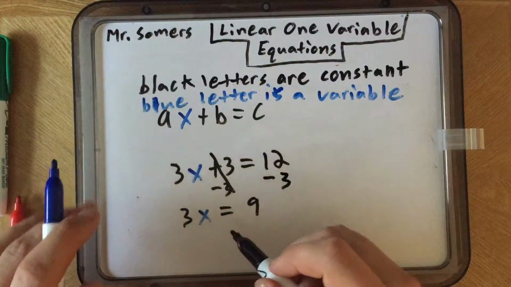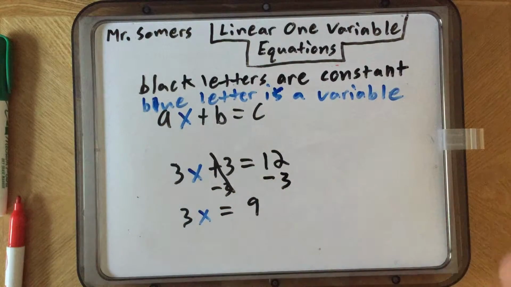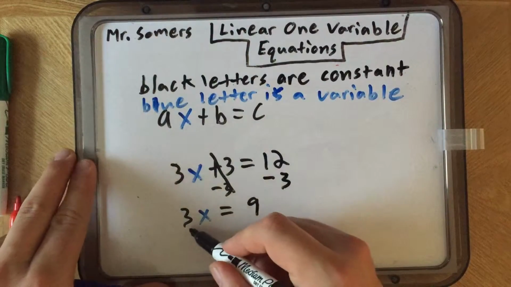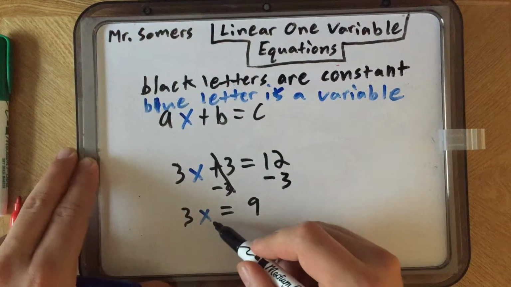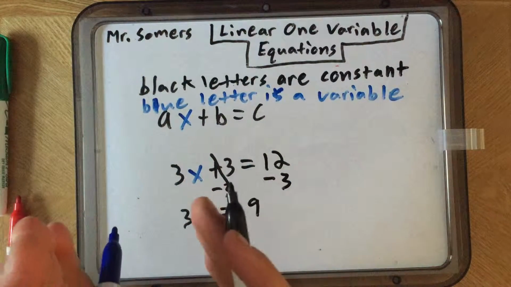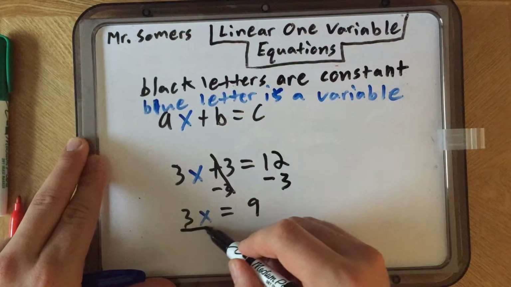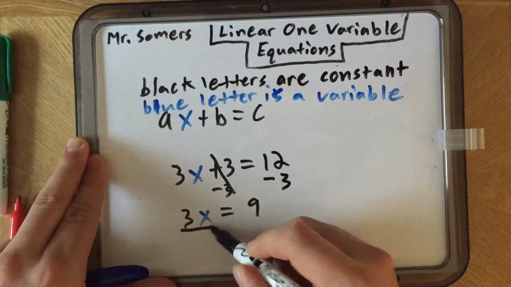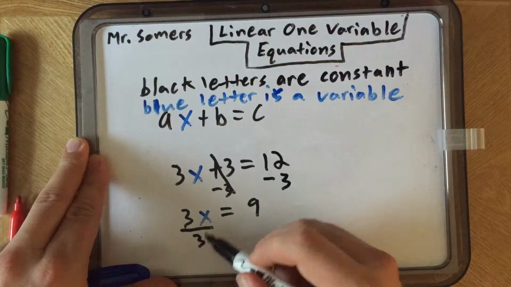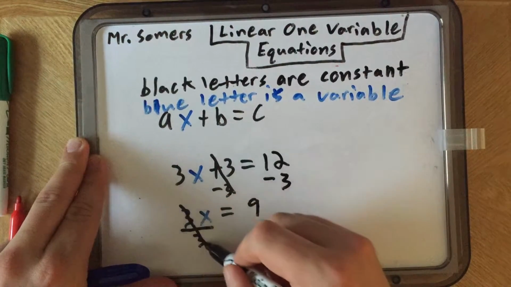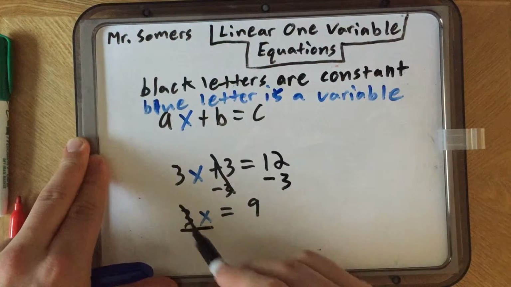Now the same deal happens here. 3 times x, they're right next to one another, which indicates that it's being multiplied. The opposite of multiplication is division, so we divide by 3, and that cancels out the 3 on the left.